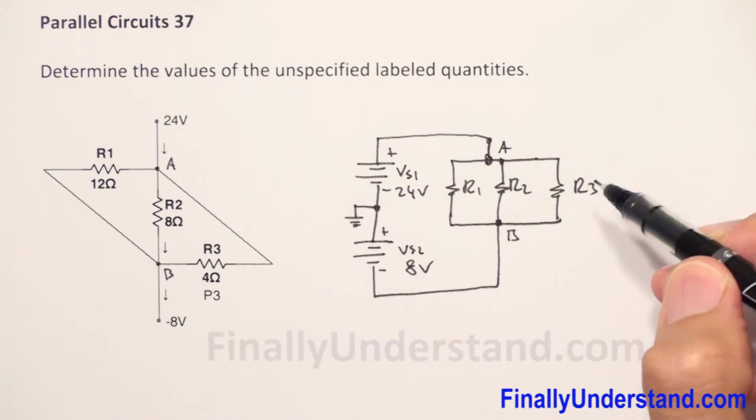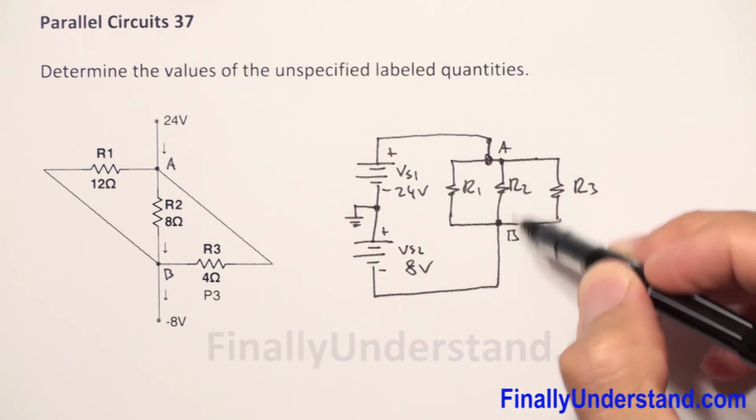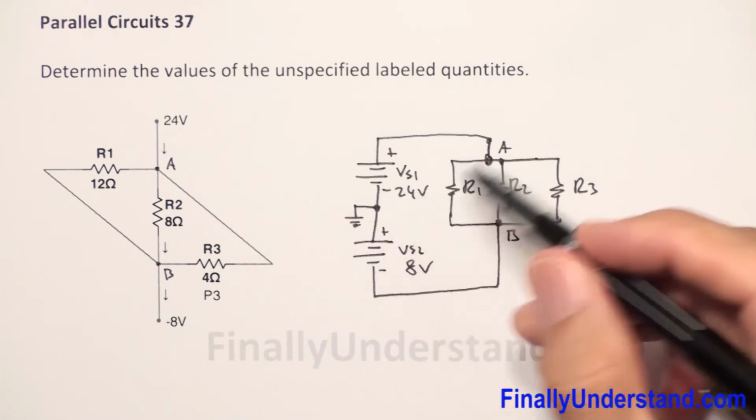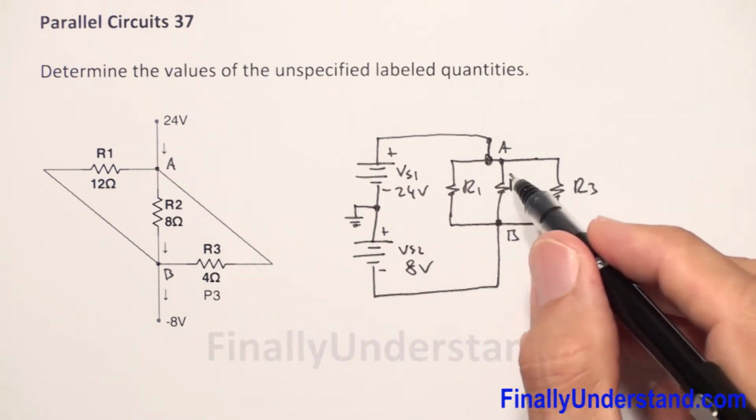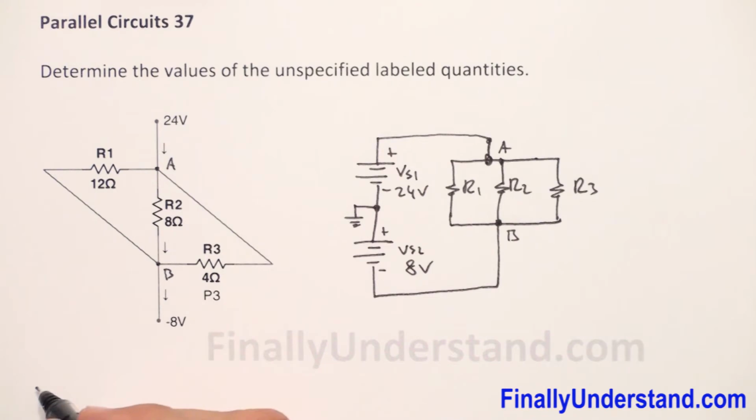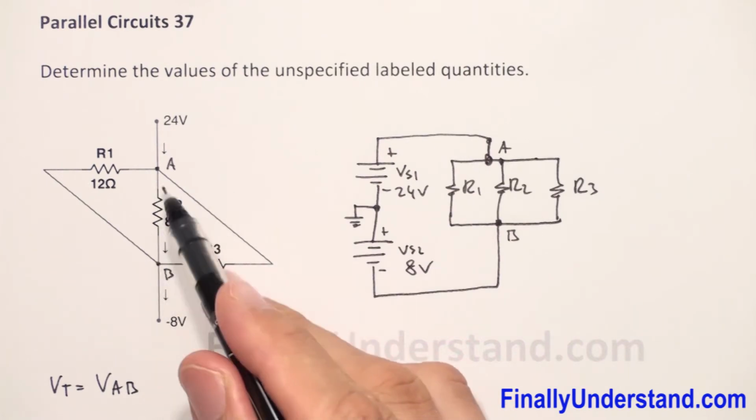We're supposed to find the voltage across these resistors. We have two voltage sources and we have to find the voltage across these two resistors. In other words, find the voltage AB. So let's write V total, or we can say this is VAB, the voltage between these two points.